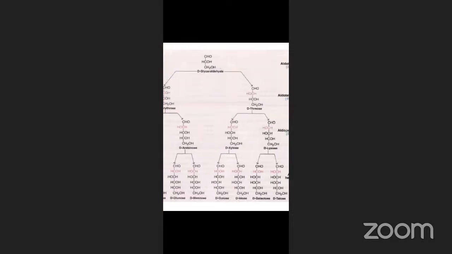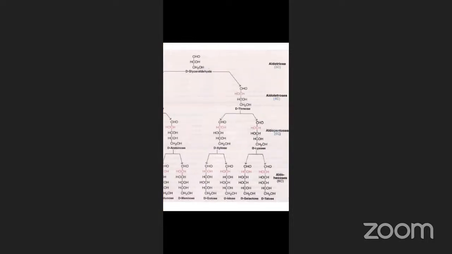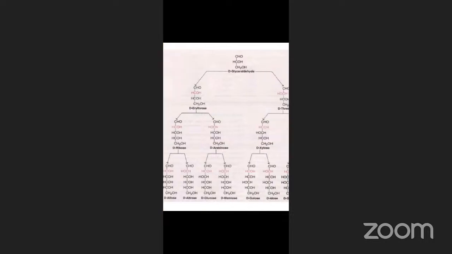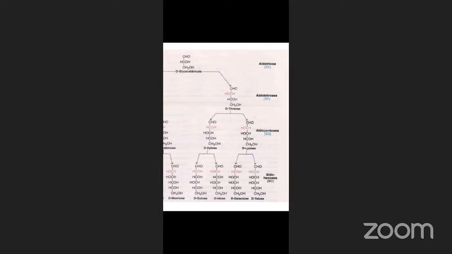Same thing in xylose and lyxose. You take the same compound and make it into 2 structures, so the orientation will differ. Like that you'll have D-allose, altrose, glucose, mannose, gulose, idose, galactose, and talose. Therefore we give the names aldotriose, aldotetrose, aldopentose, and aldohexose, where you have 6 carbon compounds.